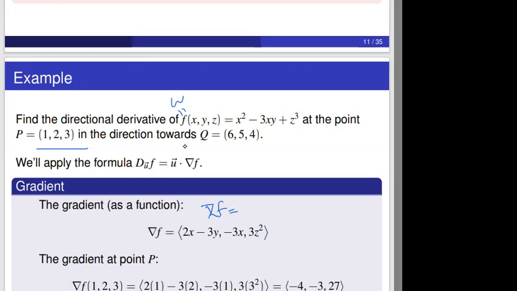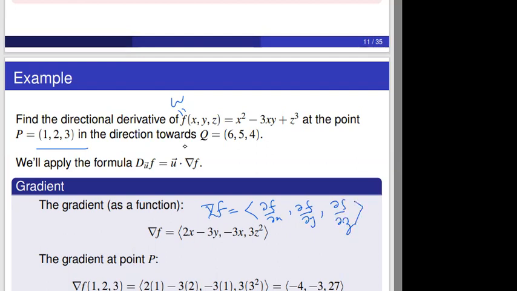There are 3 independent variables, so this is a 3 by 1 vector. The first component is the partial of f with respect to x, the second is the partial of f with respect to y, and the third is the partial of f with respect to z.